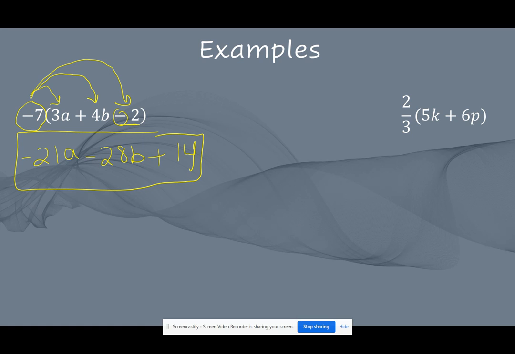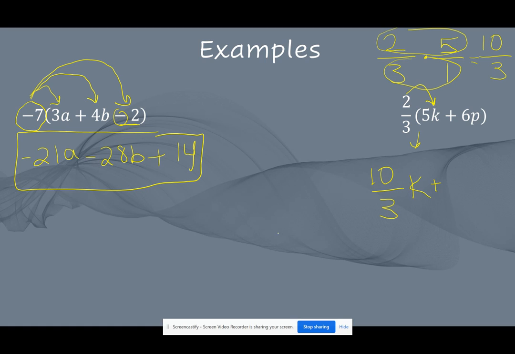Now we have some fractions. So we've talked about in class how when you're multiplying fractions, if it's a fraction times a whole number, so right here we have 2/3 times 5, you put your whole number over 1, and then we just multiply straight across. So we do 2 times 5 is 10, and 3 times 1 is 3. So right here we get 10 over 3k.